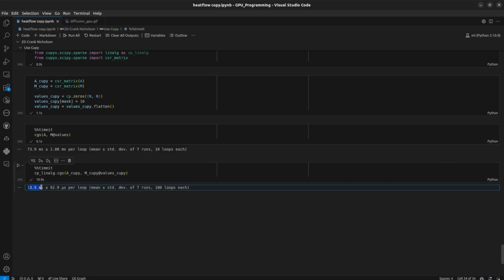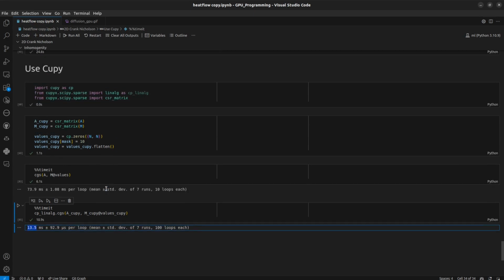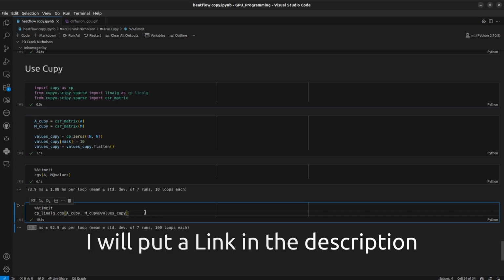Here you can see it takes way less. And if we were to double the size of our grid, then the GPU is going to scale way better than our CPU. If that isn't working for you, you might need to have a look at the installation of CuPy. You might need to install some CUDA libraries additionally for the GPU to outperform the CPU.